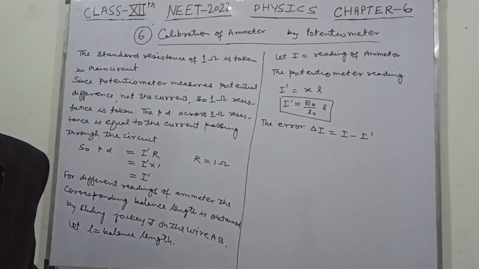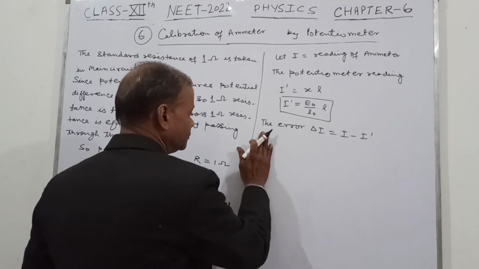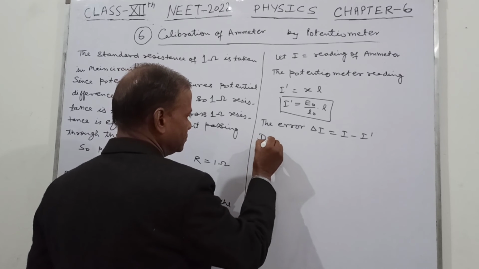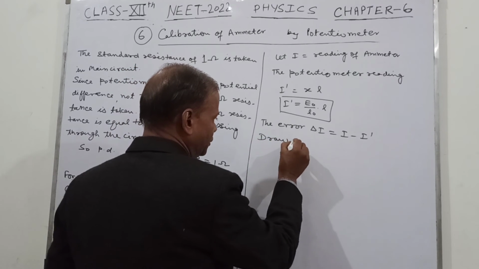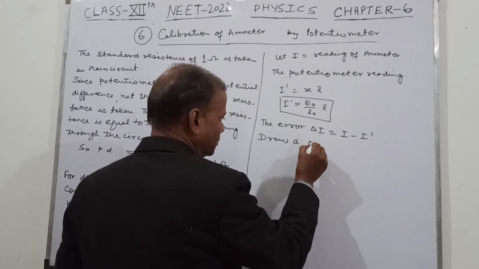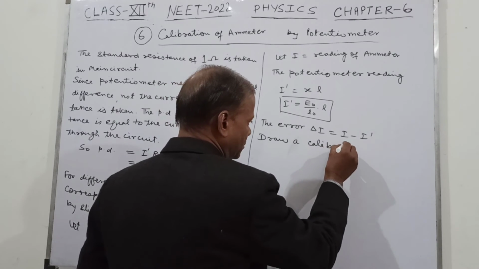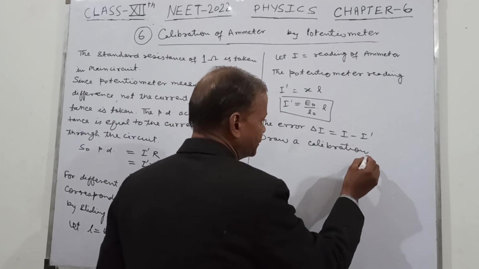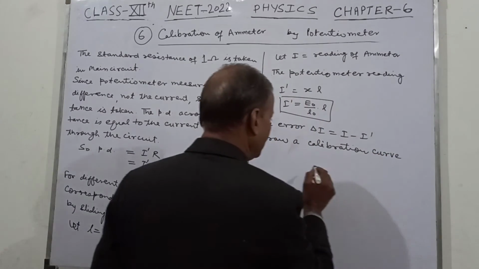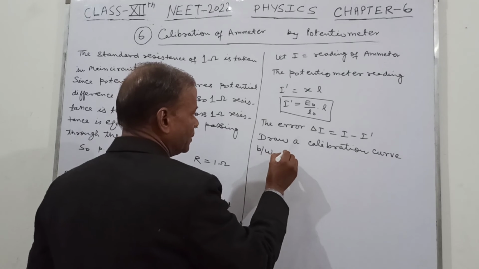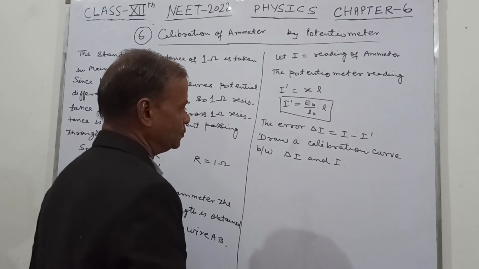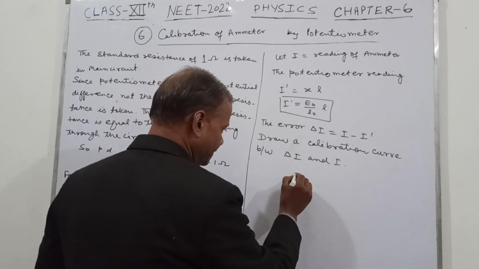Then we draw a calibration curve between delta I and I. So this will be like this one.